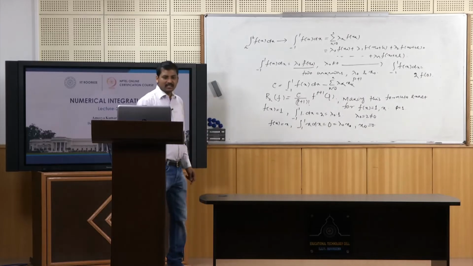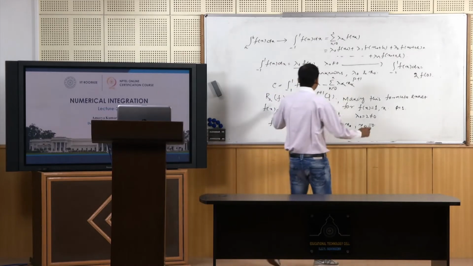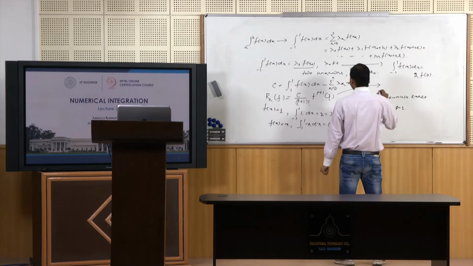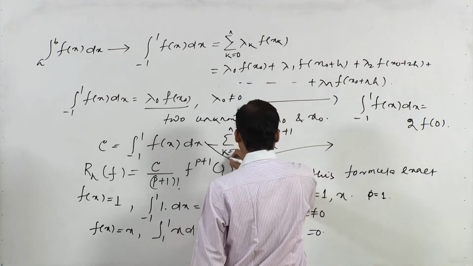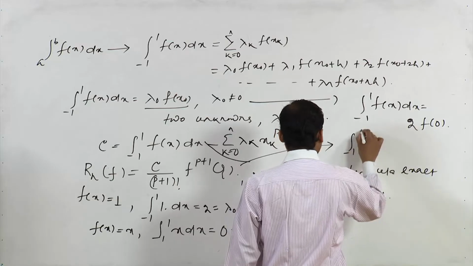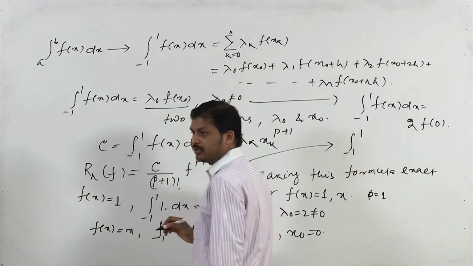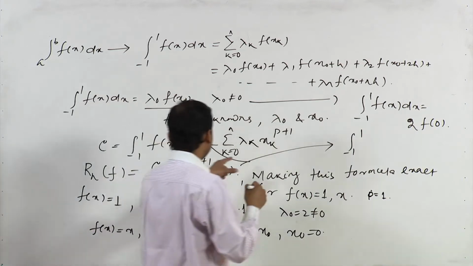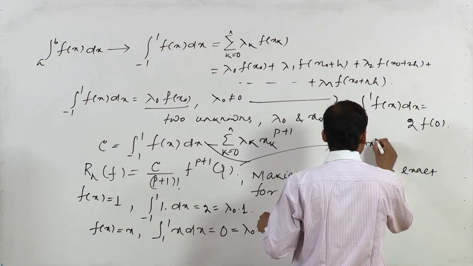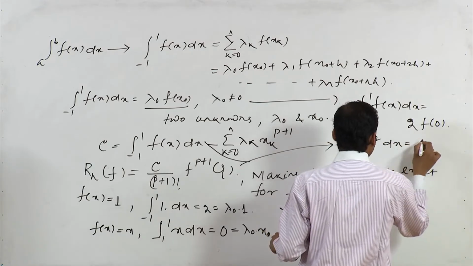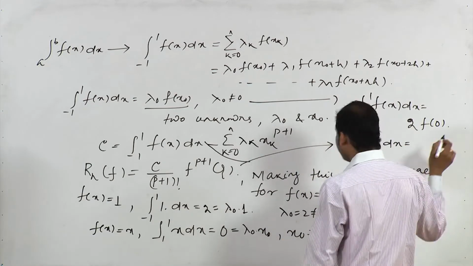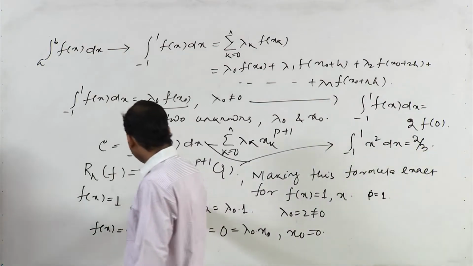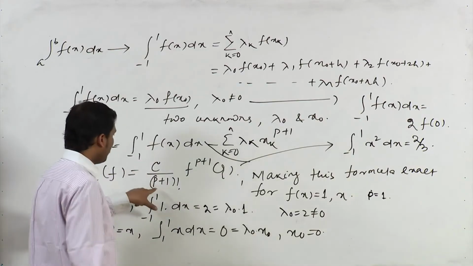And this error constant c can be written as the integral from minus 1 to 1 of the immediate next term, x to the power p plus 1, so x square dx. That gives 2 by 3. So 2 by 3 into c by p plus 1 factorial.